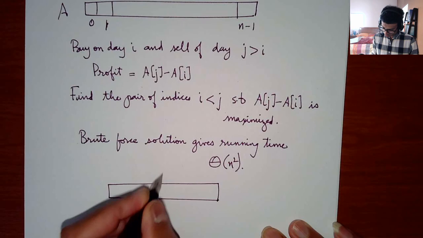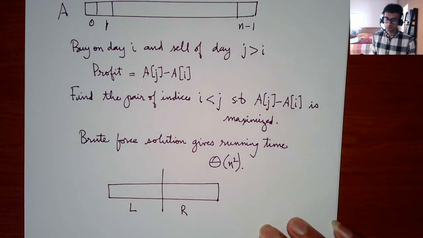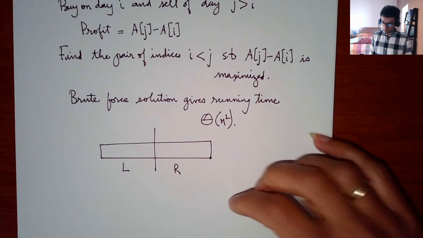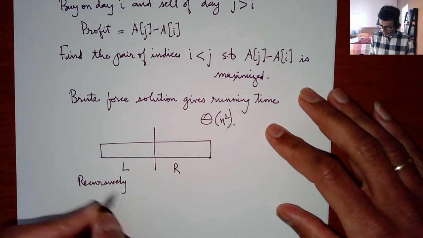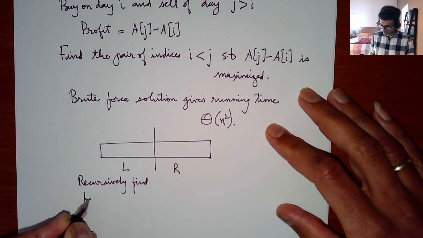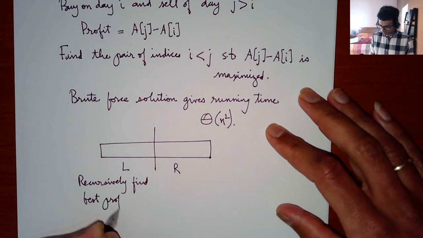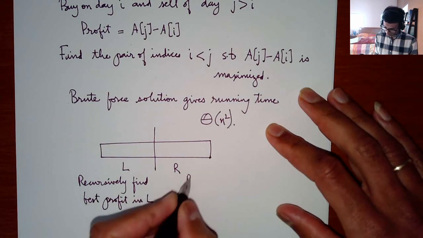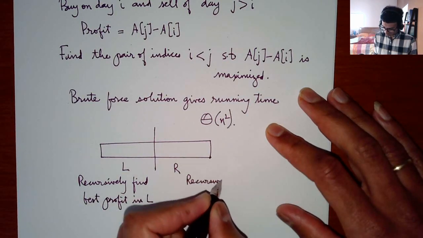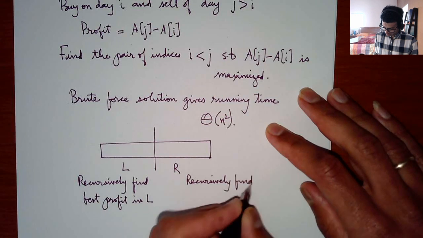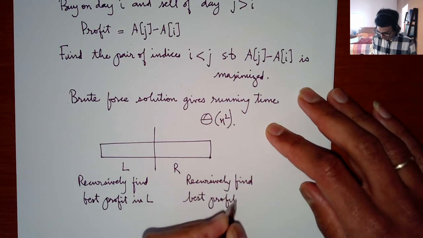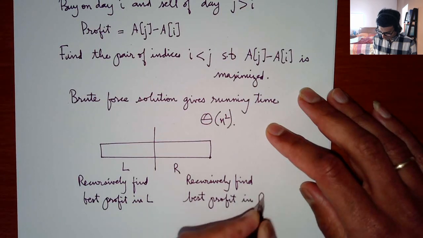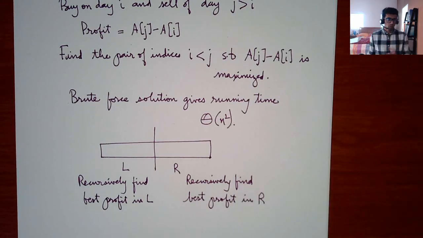So here's your array. Here's L and R. You can say recursively find best profit in L. Recursively find best profit in R. So let's say you recursively find it.